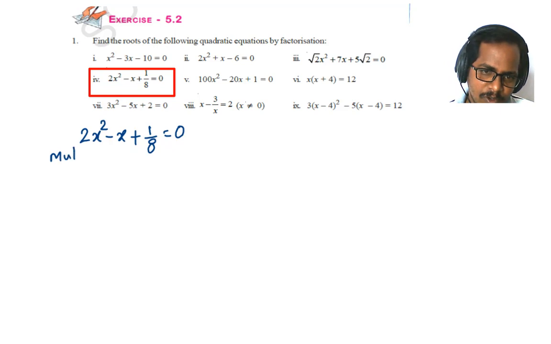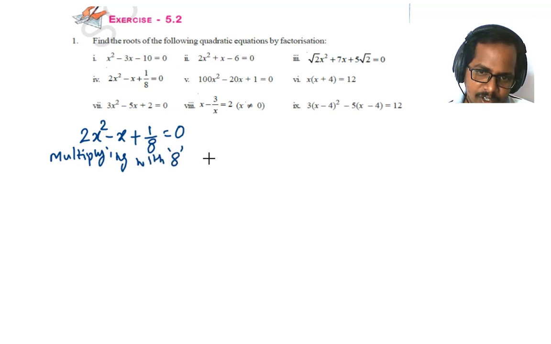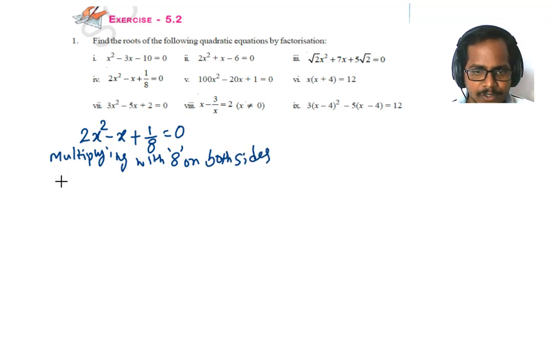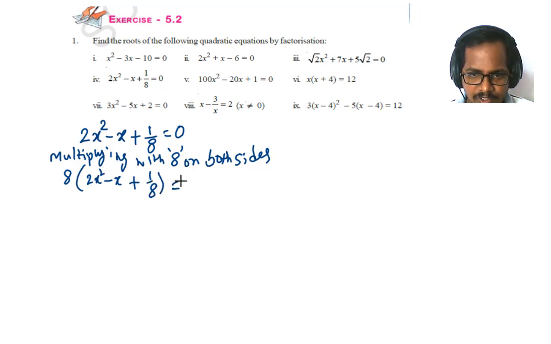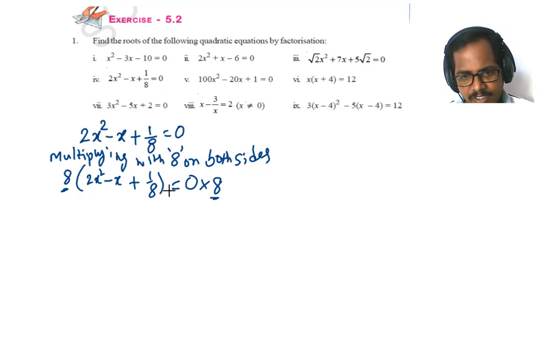So multiplying with 8 on both sides, we get 8 into 2x square minus x plus 1 by 8 equals to 0 into 8. So we are multiplying with 8 on both sides of the equation.